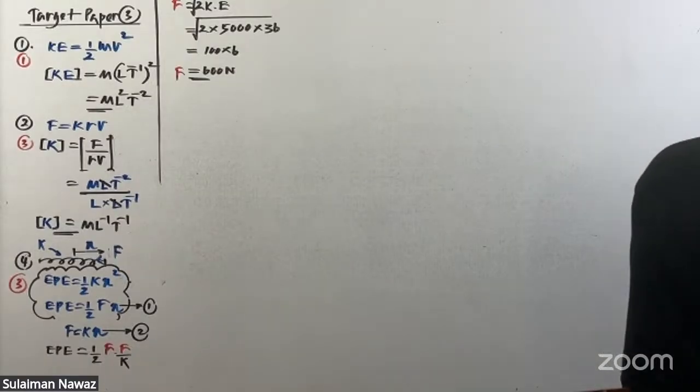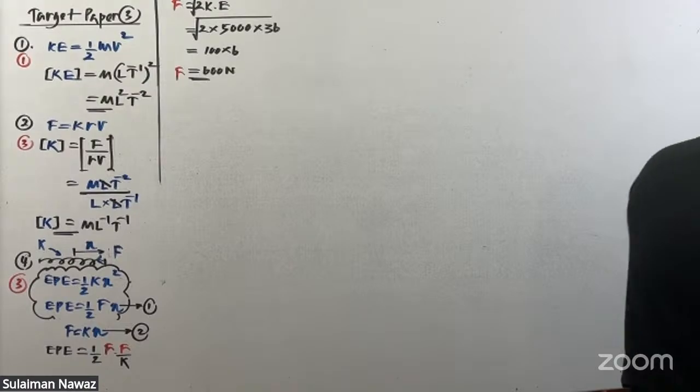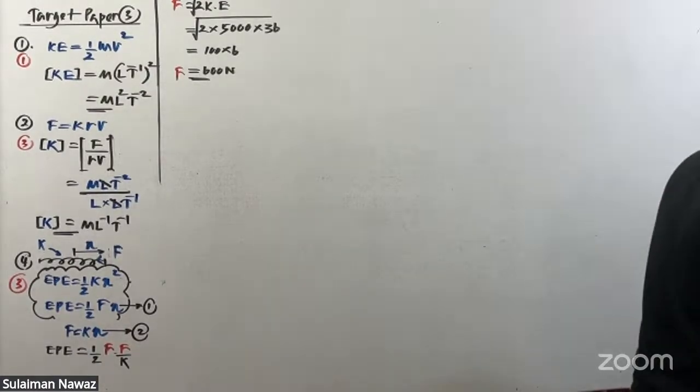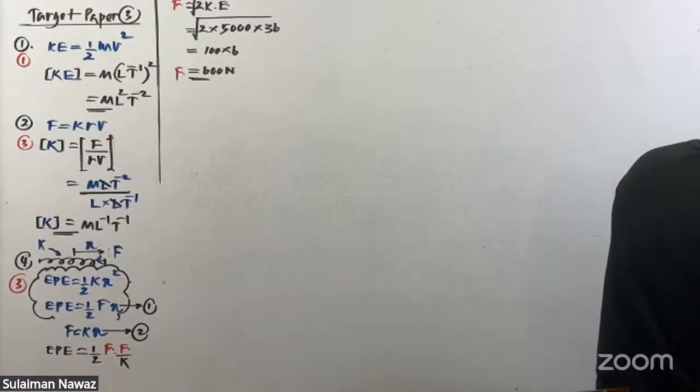So look here. Now this is about the conservation of angular momentum story. Okay. Now what they have mentioned, question number 5: a disk of mass m, radius r.